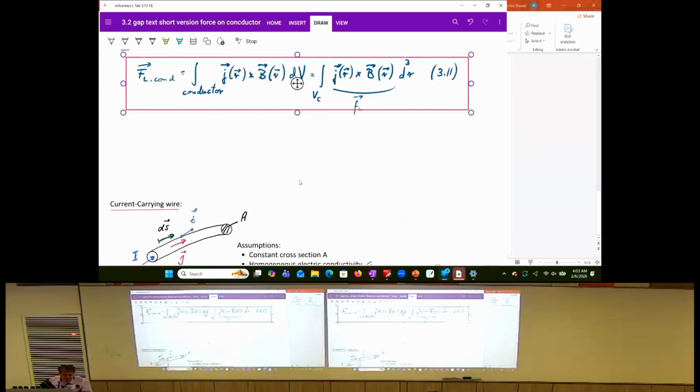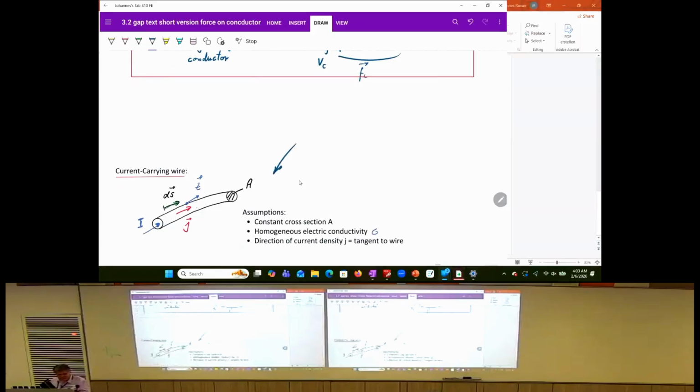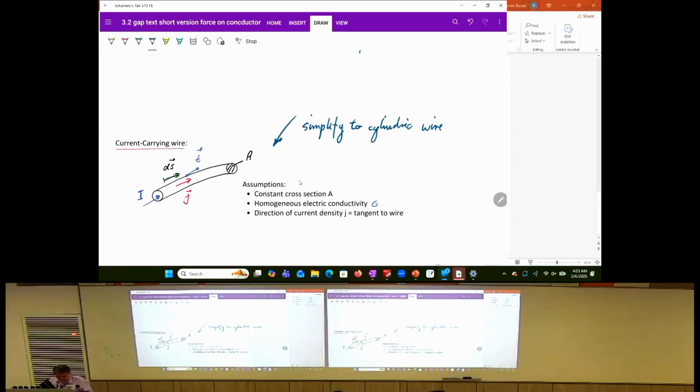So now let's simplify this to a cylindrical wire. In the wire you have the current coming in, and you can give the current also as a current density. The total current you obtain by integrating the current density over the cross-sectional surfaces. You have a line element, the ds, that follows your wire.